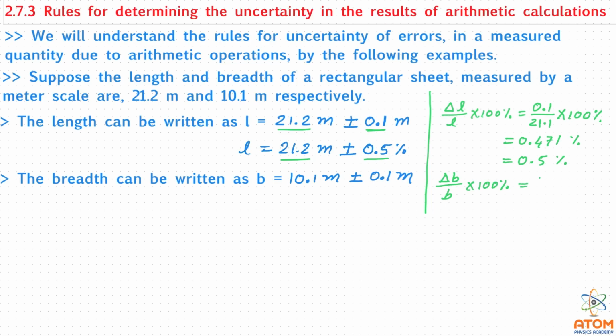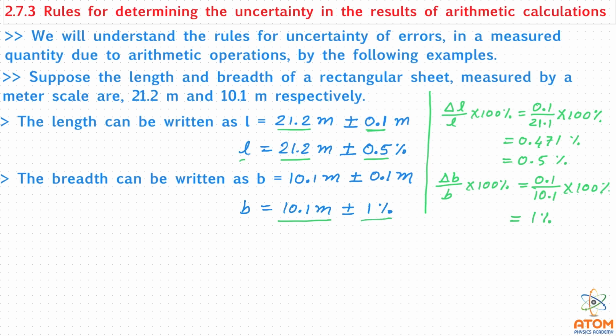So that will be 0.1 upon 10.1 multiplied by 100%, which gives you 1%. So the percentage error is 1%, and by that I can write the breadth B as 10.1 meter plus or minus 1%. Again, this is the true value and this is the percentage error.